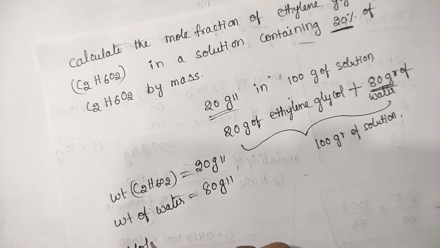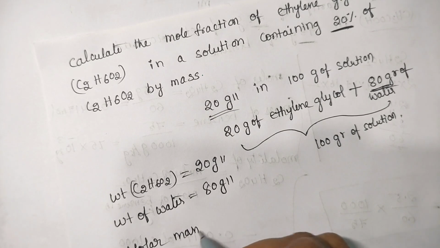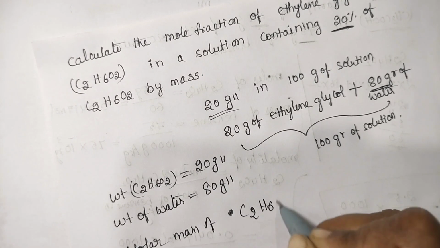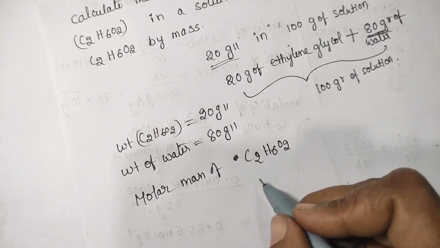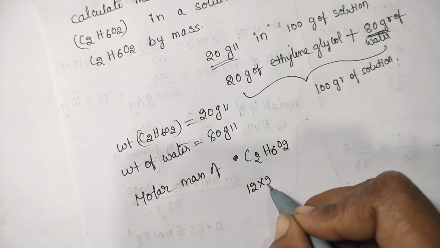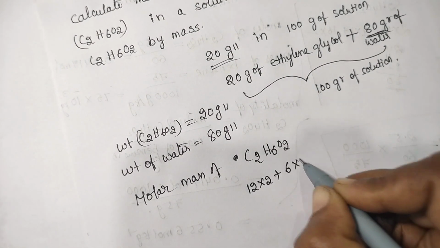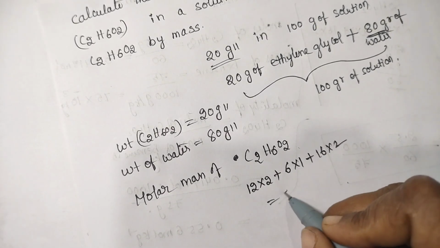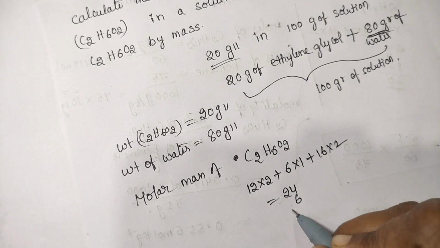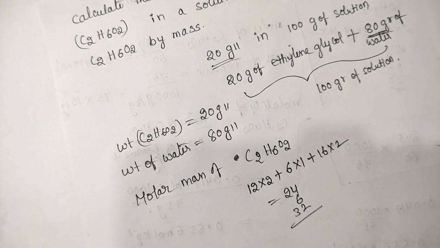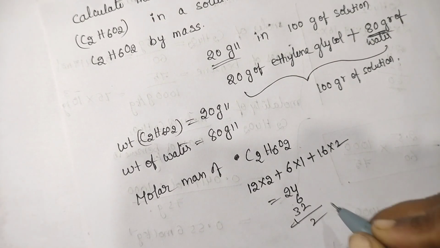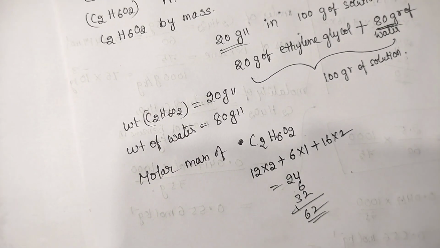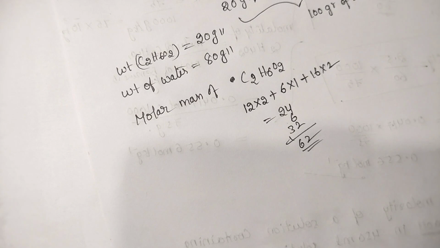Now what is the molar mass of ethylene glycol? That is C2H6O2. Now carbon means 12 into 2 plus hydrogen 1 into 6, oxygen 16 into 2. Now if we calculate this one, that is 62. Ethylene glycol mass will be 62.